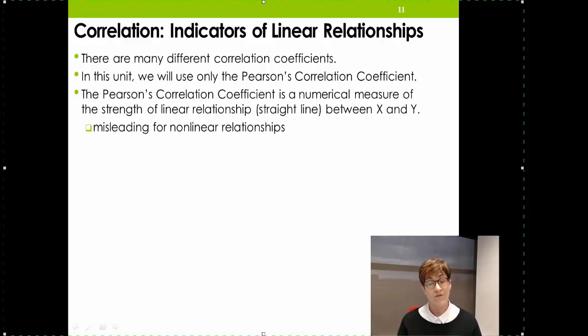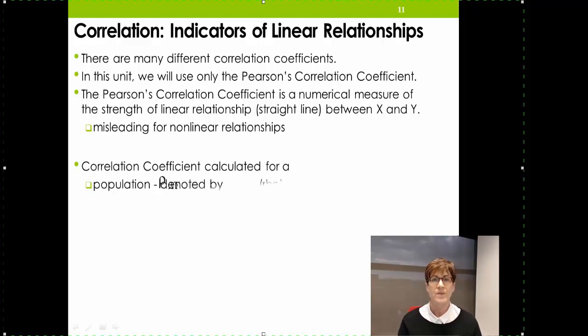We need to be careful because the correlation coefficient can be misleading for non-linear relationships. You still might get a correlation coefficient that is a number between 0 and 1 or -1, but if it is a non-linear relationship, it can be misleading, and the best way to avoid that confusion is to make sure we have a look at a scatter plot first and then look at the correlation coefficient.